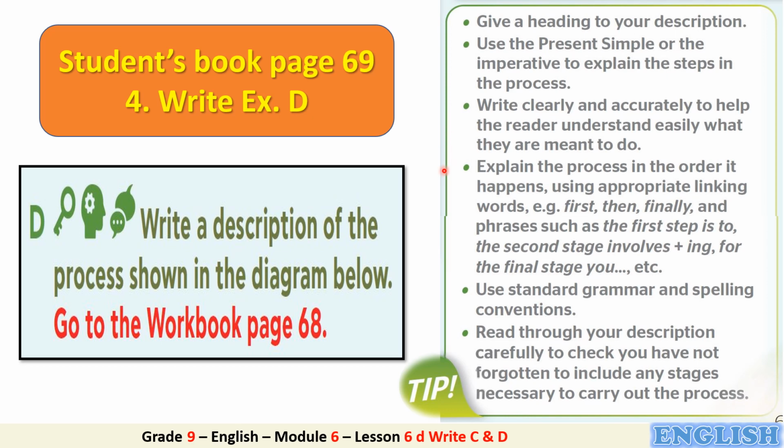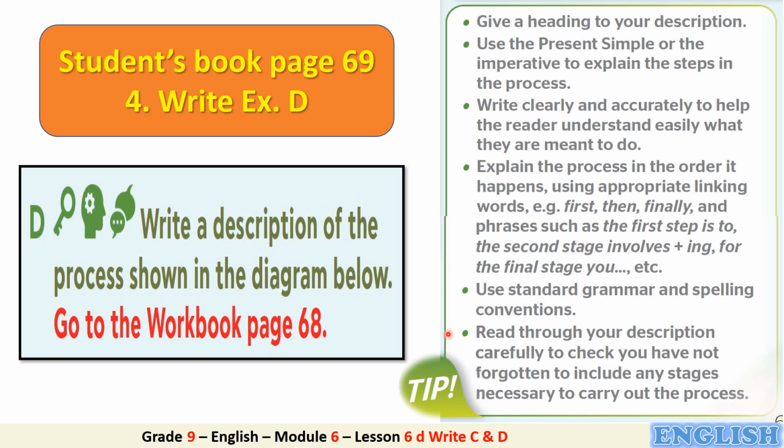Explain the process in the order it happens, using appropriate linking words, for example, first, then, finally, and phrases such as the first step is to, the second stage involves plus ing, for the final stage you, and etc. Use standard grammar and spelling conventions.